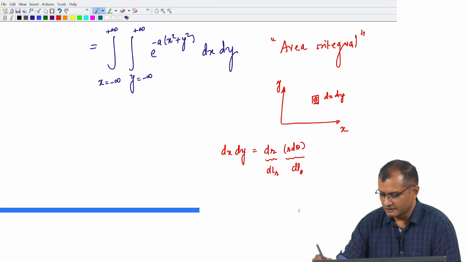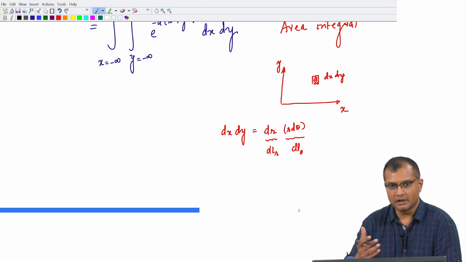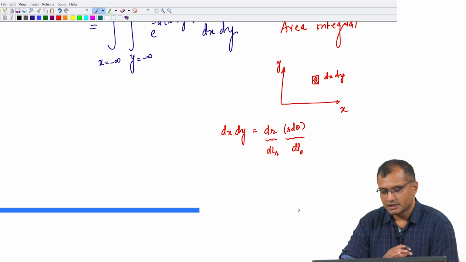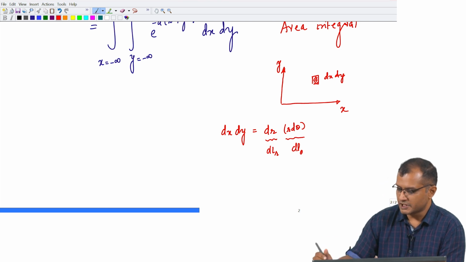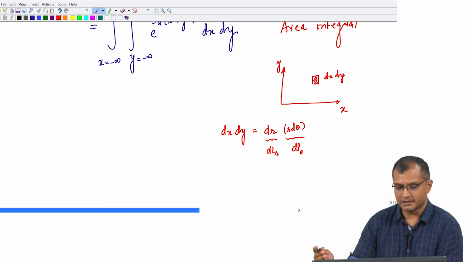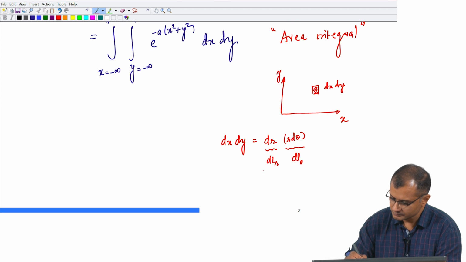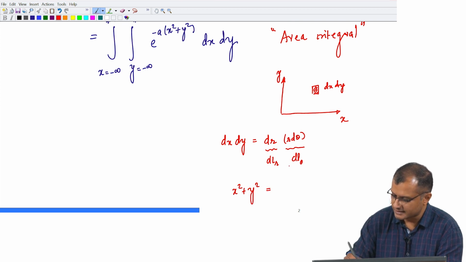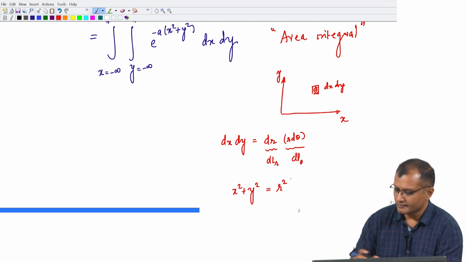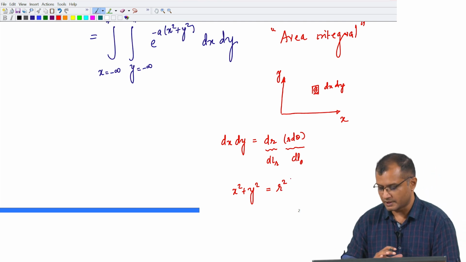Whether I use the Cartesian components or the r theta components, the displacement components are dr and r d theta in polar components, and hence I can write x square plus y square as the length r square.